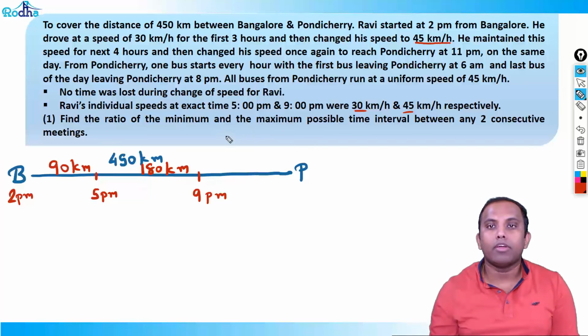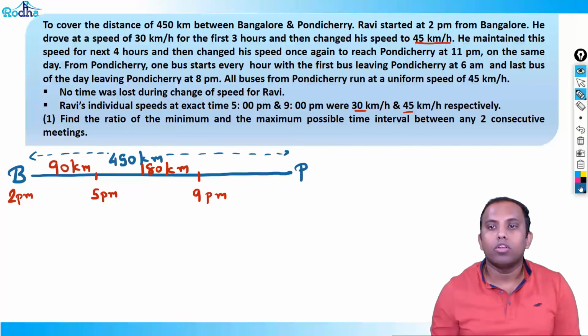And for the last 2 hours, what is the speed? The total distance is 450 kilometers. 90 plus 180, that's 270 gone. So how much is left? Obviously 180 is left.